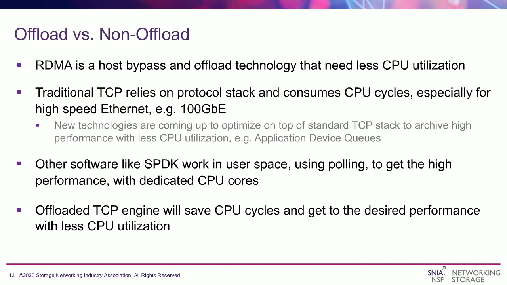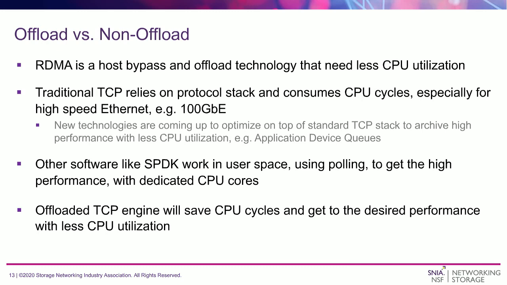So I'm still not Fred. This is Eden. So, offload versus non-offload. As I said before, RDMA is the iWARP and RoCEv2, and IOs are offloaded so the host CPU is not used, whereas the TCP in this set of measurements was not offloaded.